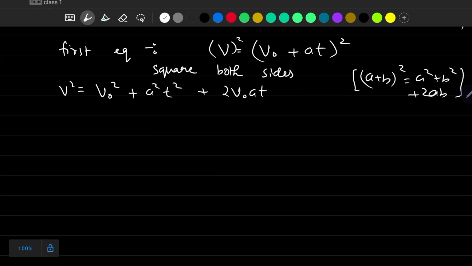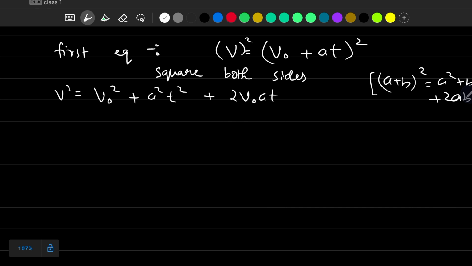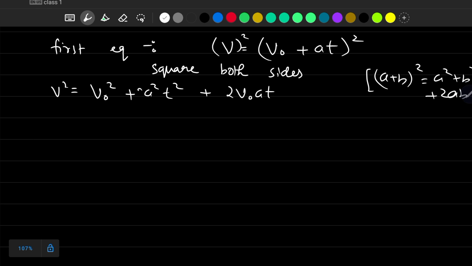Now this term, a square t square, can you simply write it like 2 by 2? Yes, we can write it as 100 by 100, 1000 by 1000, because it's simply 1. What is 2 by 2? It's simply 1. Now what we do, we take common. What do we take common? It's v naught square simply, plus, from here you take common 2a.